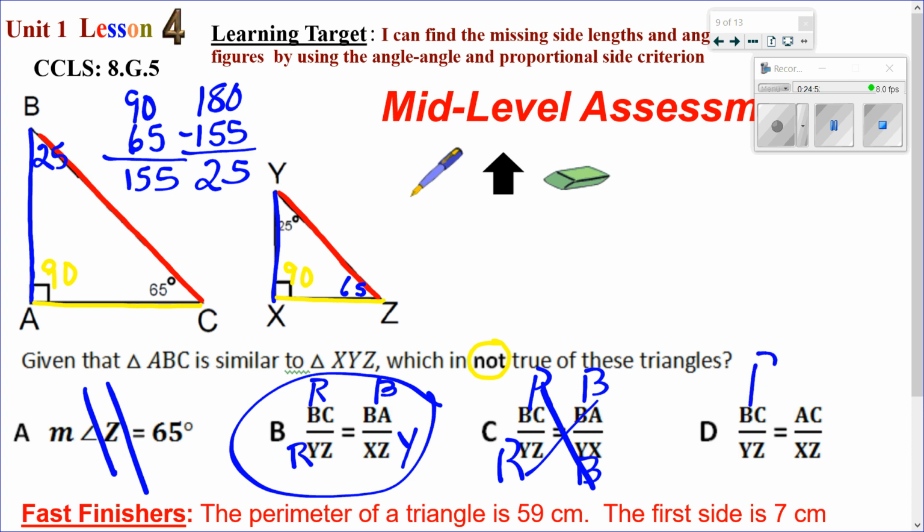BC is red. YZ is red. AC is yellow, and XZ is yellow. This is true. They're asking what's not true. So red, yellow, it's equal. These are true. They want to know which is not, so it's B.